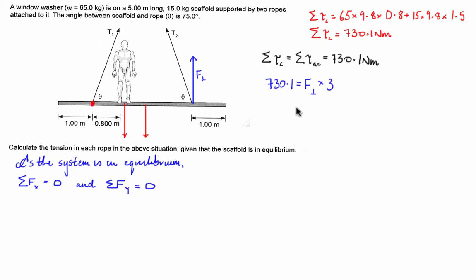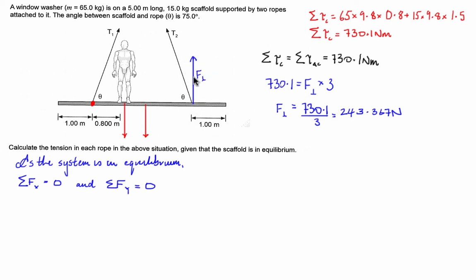So the force perpendicular is equal to 730.1 divided by 3, which is equal to 243.367 newtons. Cool.